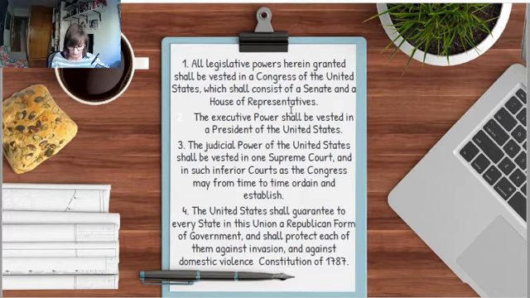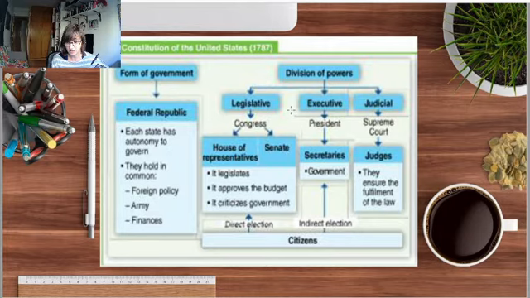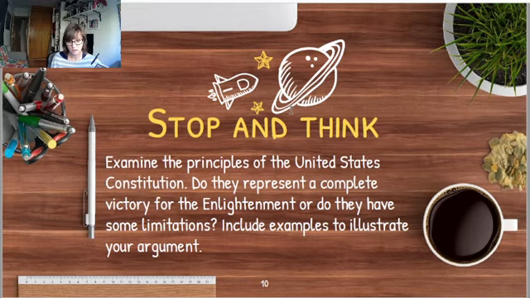Here you have a fragment of this constitution. The end of the war in 1783 led to the proclamation of the independence of America, and the creation of a new country.